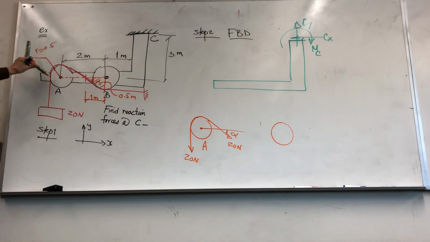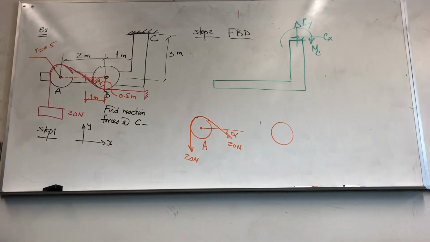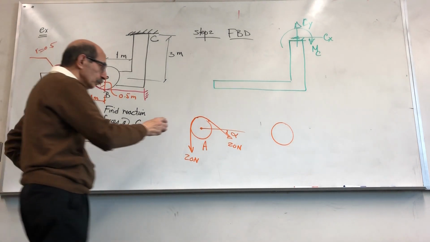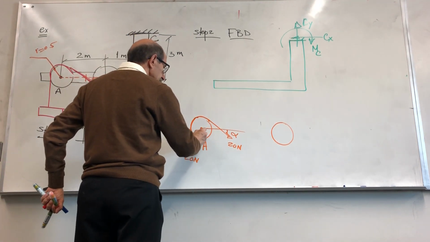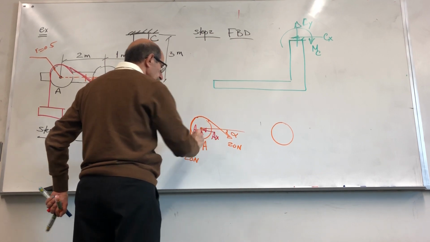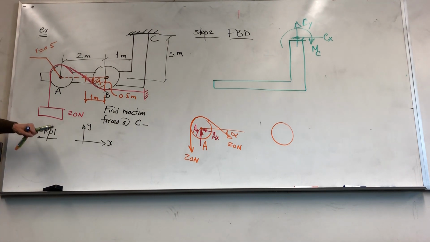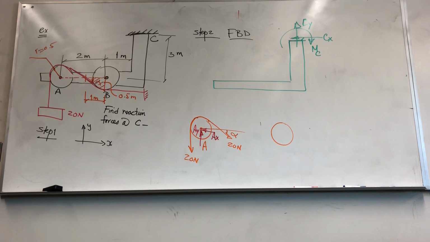At point A, this pulley is supported by this pin at A, right? That means there are two unknown forces like this, Ax and Ay, that are holding this pulley in place. But where do these forces come from? These forces are coming from the pin that is holding this pulley in place.